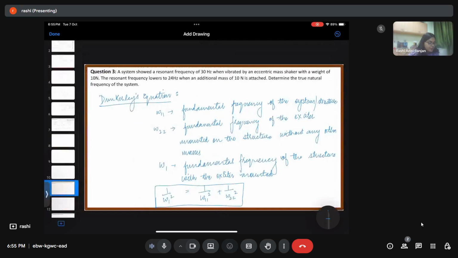Now for the question, we have a system that showed a resonant frequency of 30 Hertz when vibrated by an eccentric mass shaker with a weight of 10 Newton.